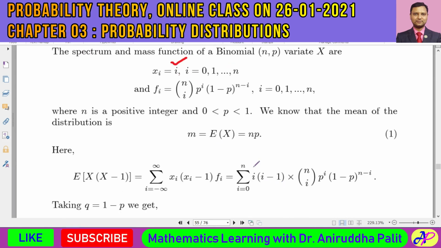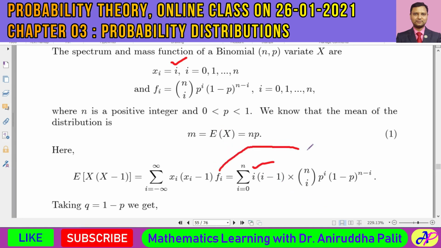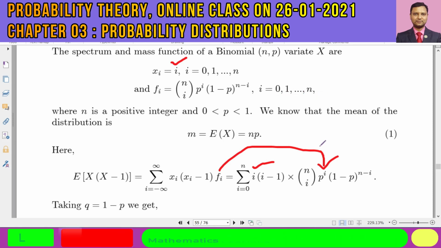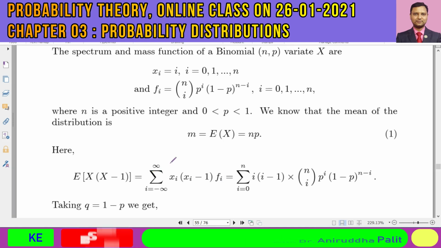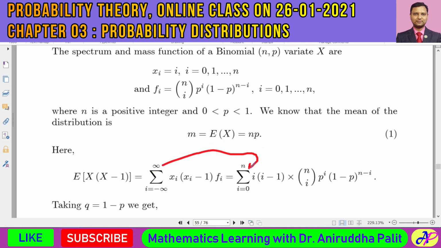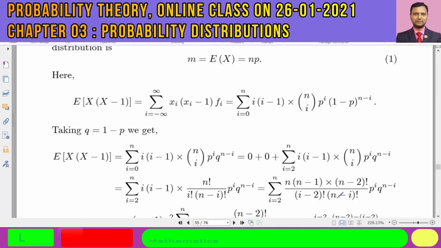So we just put i into i minus 1 over here, and this is the expression of fi. And whenever we put the expression of fi, we find that i is varying from 0 to n. So now this theoretical range from minus infinity to infinity converts into i varying from 0 to this upper limit n.